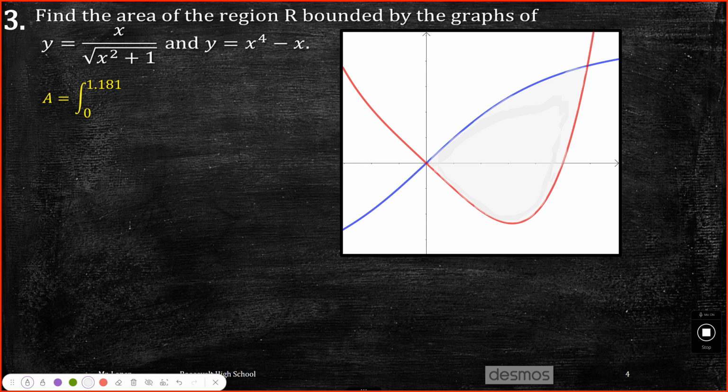In any case, then you just go ahead and integrate, since you already know which one is the top and which one is the bottom. Yes, that's how I'm going to do it. So basically that's what it is, and we're getting as our answer 0.785.